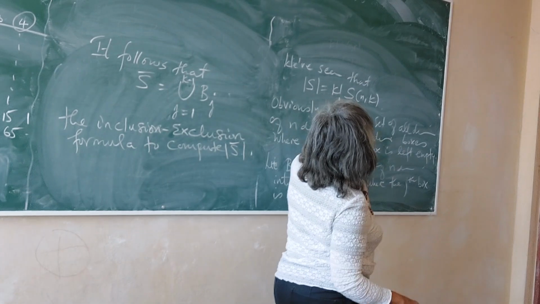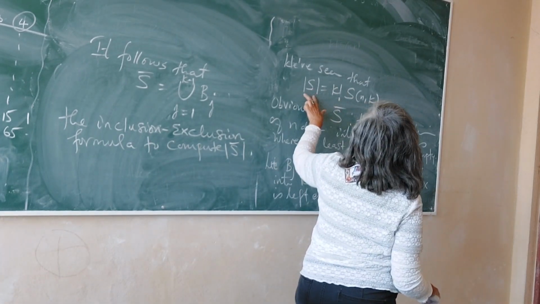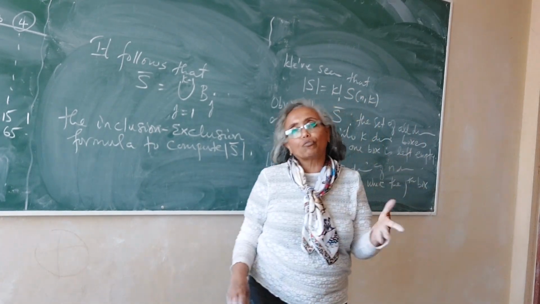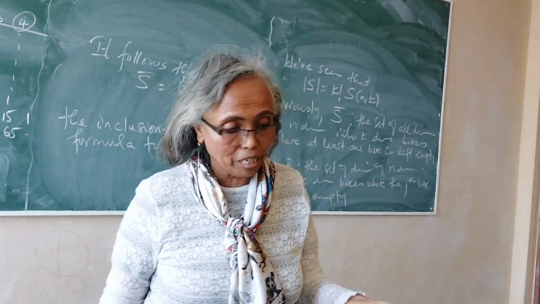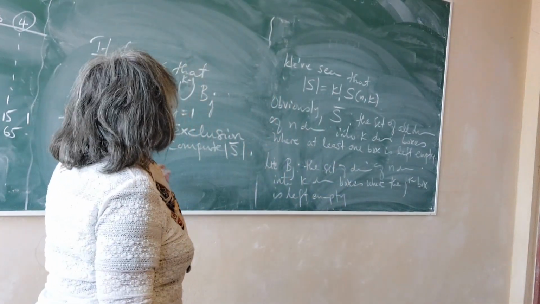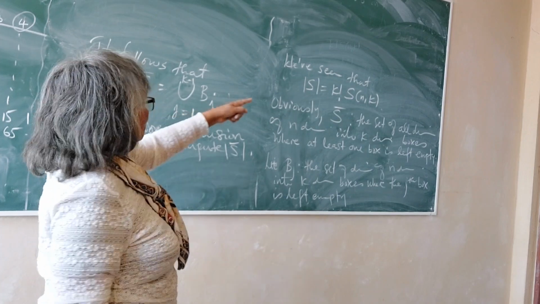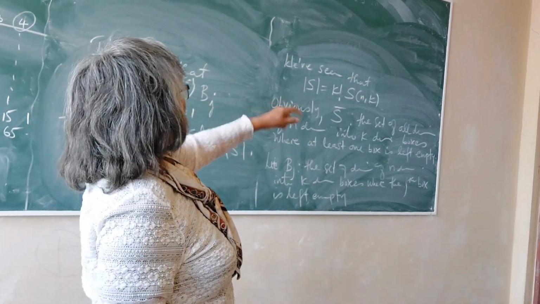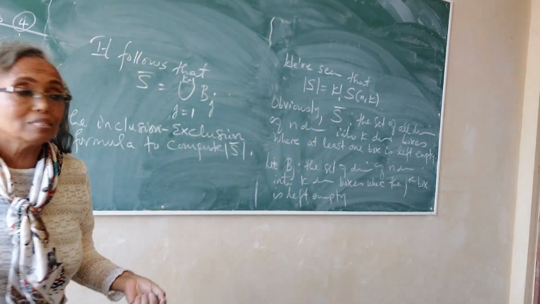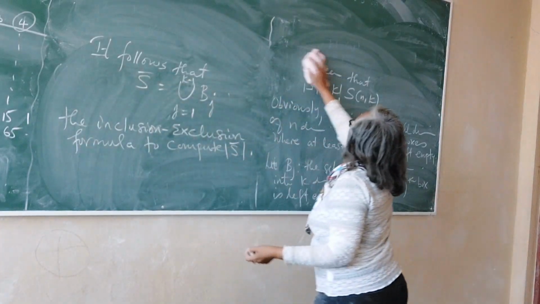Those two numbers will add up to the size of the universe, which we know already, and from that we can obtain a formula for the Stirling numbers of the second kind.